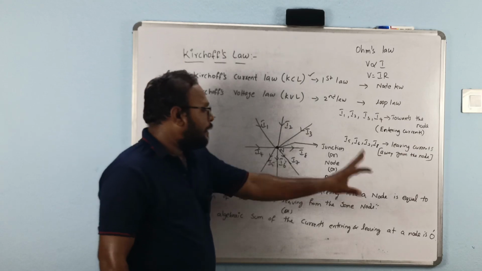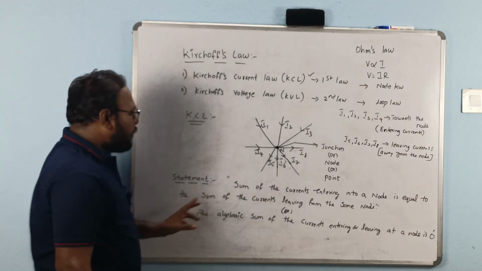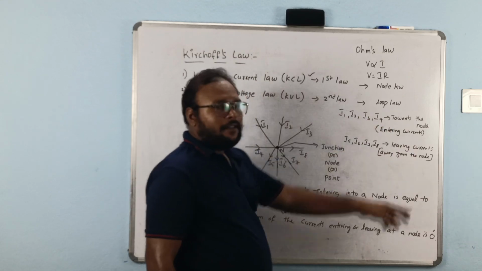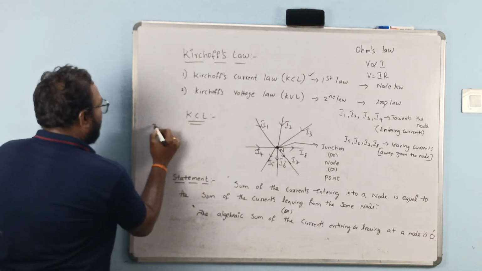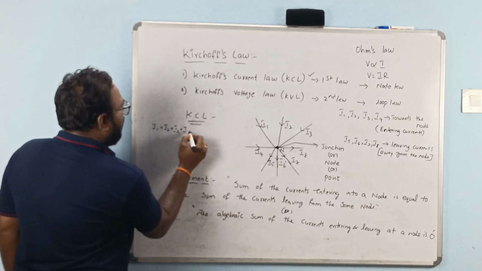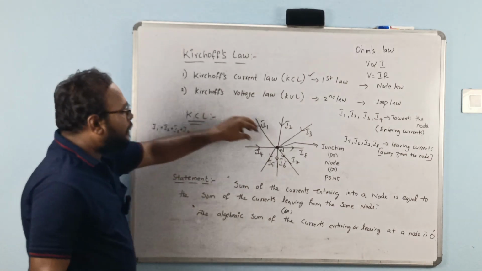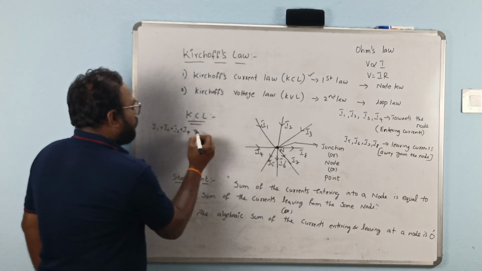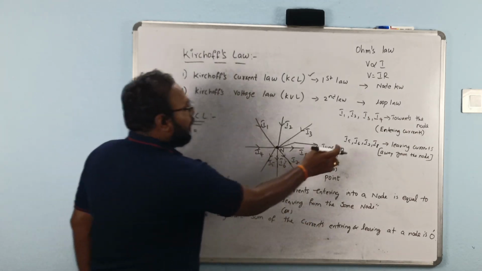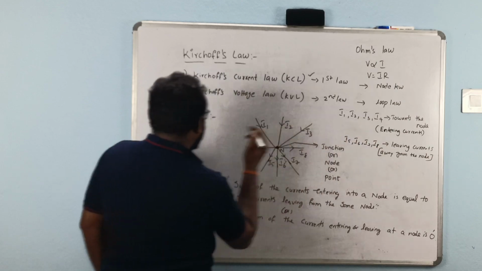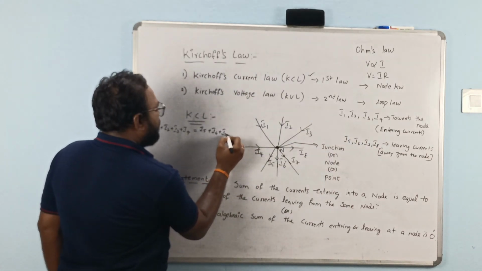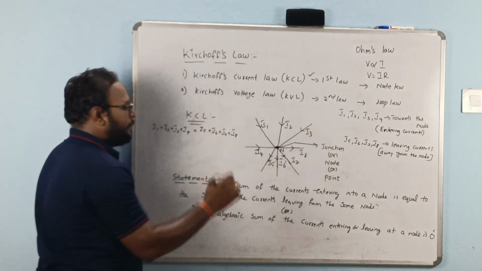The sum of the currents entering the node, I1 plus I2 plus I3 plus I4, is equal to the sum of the currents leaving the node, I5 plus I6 plus I7 plus I8.